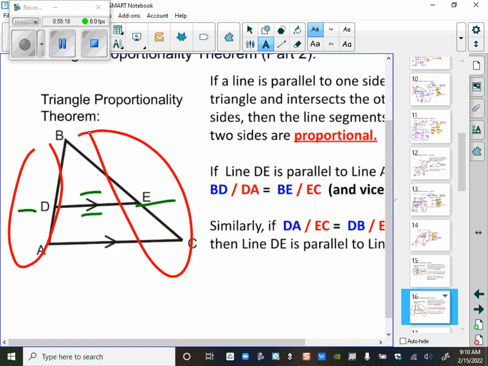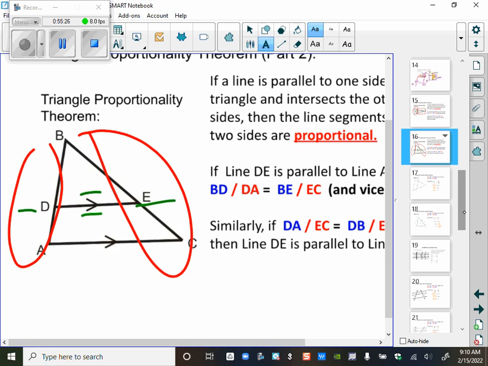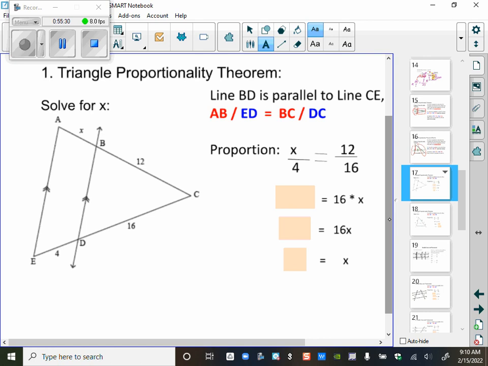So the first example, here's what we mean by stack and move. Get your first ratio right here. There's your x over 4.